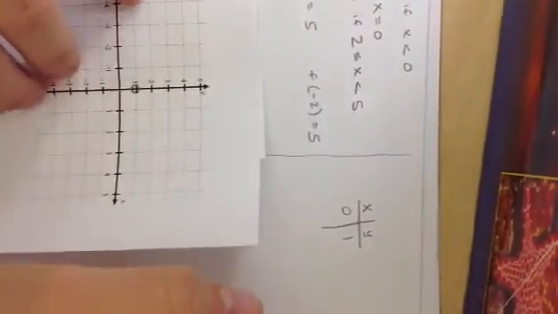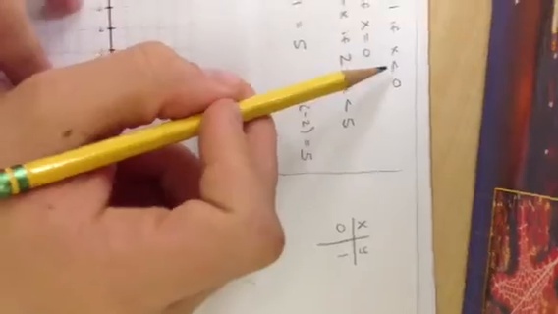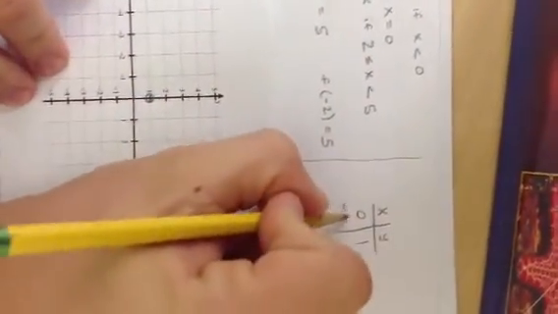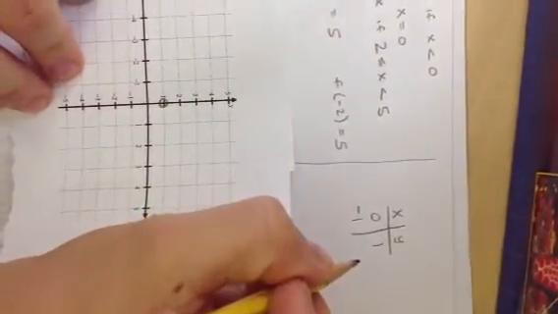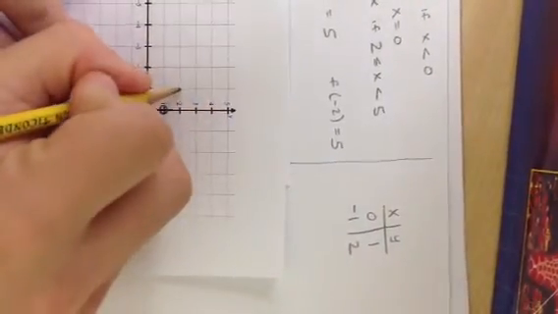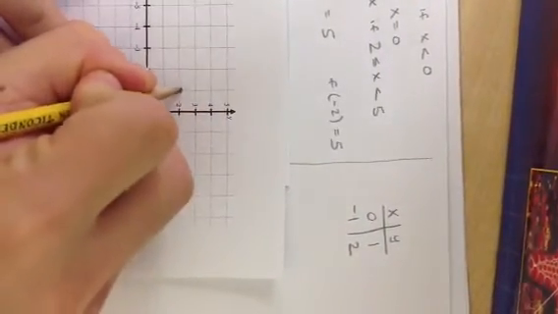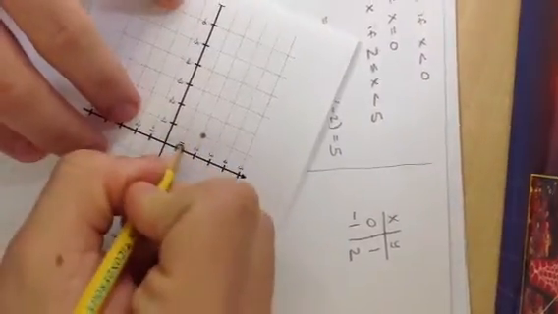And then you need another point that's less than 0, so do -1, and -1 squared plus 1 is 2. And then you're going to graph that. And then draw the parabola shape, which is a U shape.